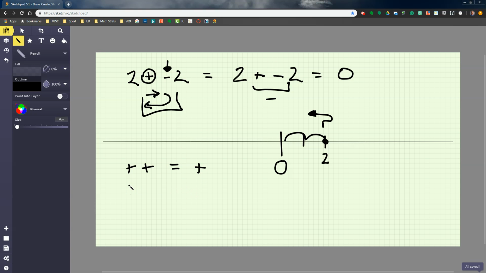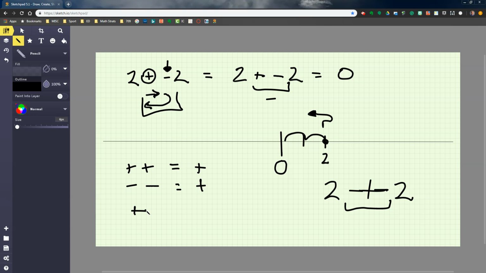If we have a minus and a minus, and I'll give you an example here, we do a 2 minus a minus 2, right? So that also equals a plus. So when we see these two together, that actually means one giant plus sign, okay?